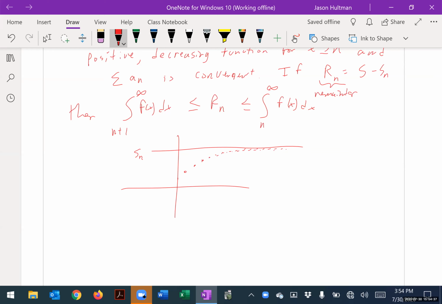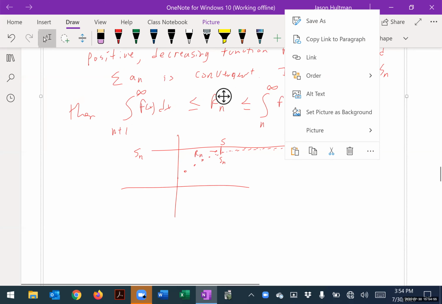The difference between our s sub n and our s, our limit, is the remainder. That is called r sub n.